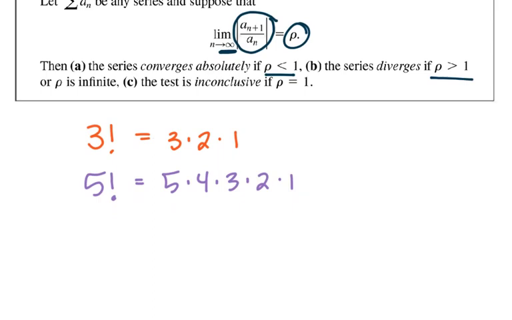So if I was trying to calculate a ratio of factorials, say maybe I have 5 factorial divided by 3 factorial. Well, 5 factorial is 5 times 4 times 3 times 2 times 1, and 3 times 2 times 1 is 3 factorial.